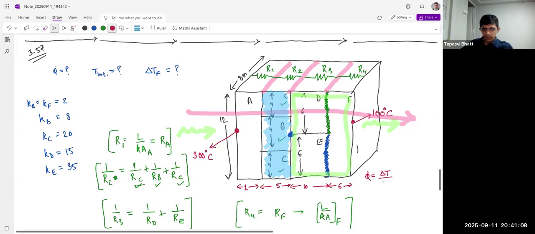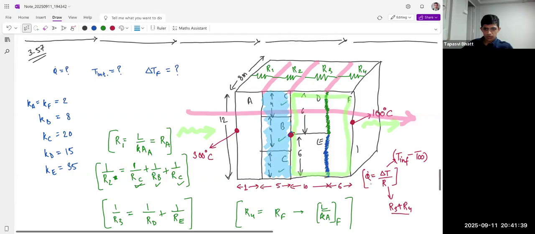From here, you use the same heat equation. Again, q dot is equal to delta T over R. R is R3 plus R4. What is delta T? T interface minus 100 degrees Celsius, right?